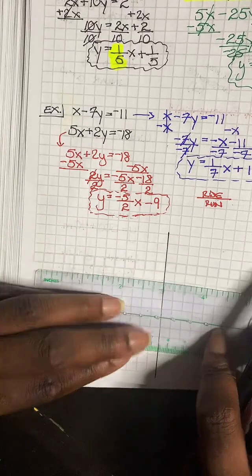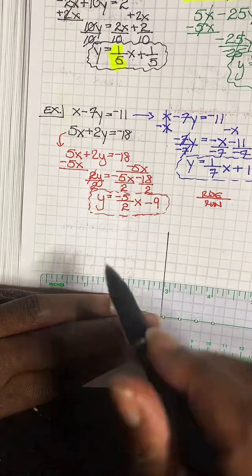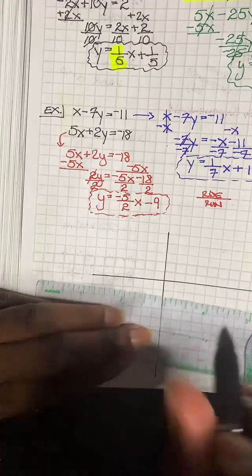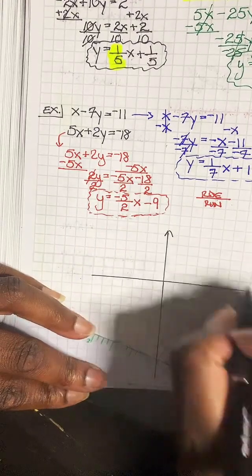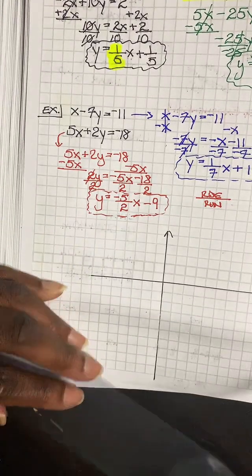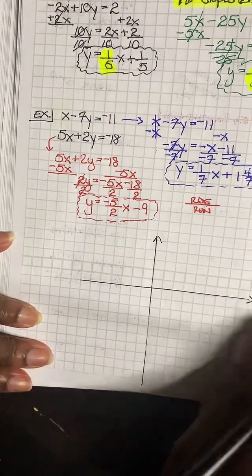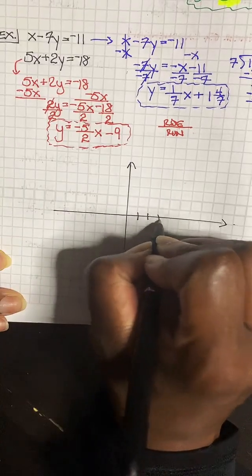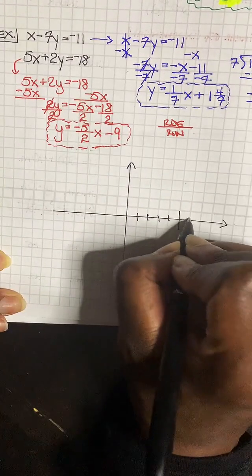Oh, that's perfect. Okay. So just like most graphs, I'm going to put my ticks. 1, 2, 3, 4, 5, nice and large.